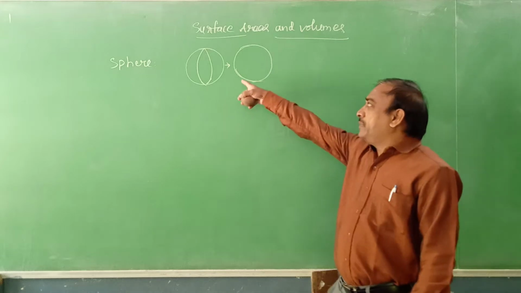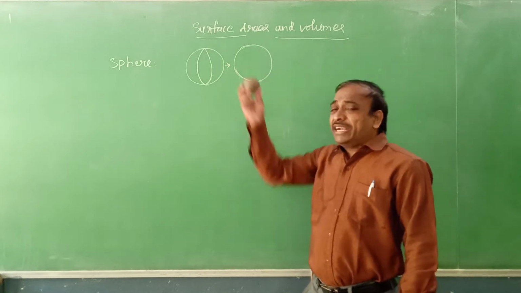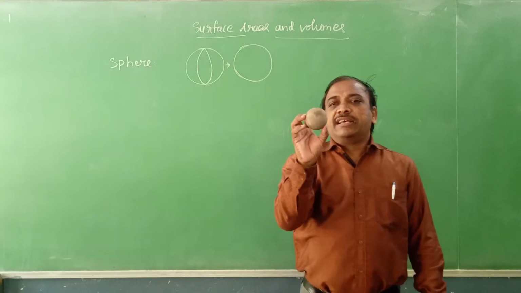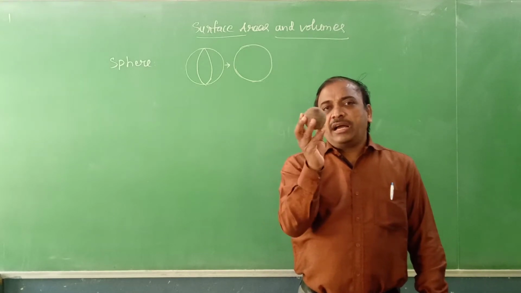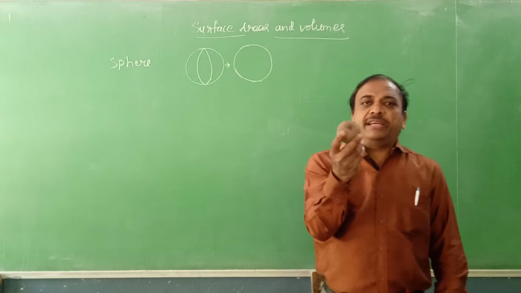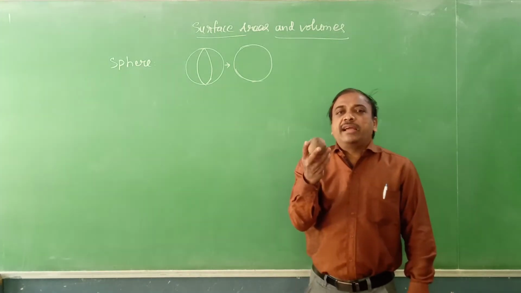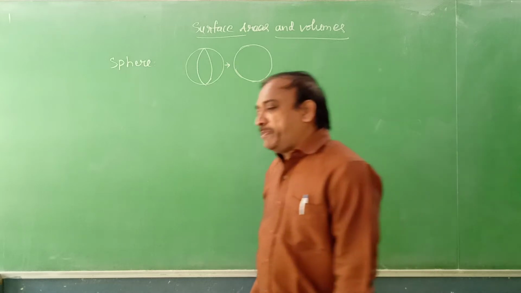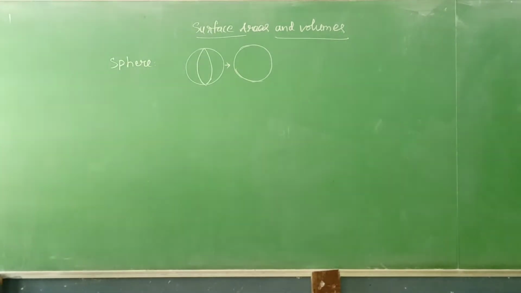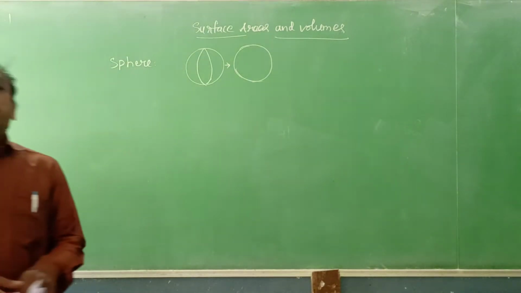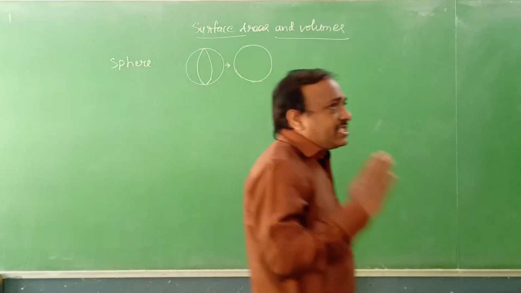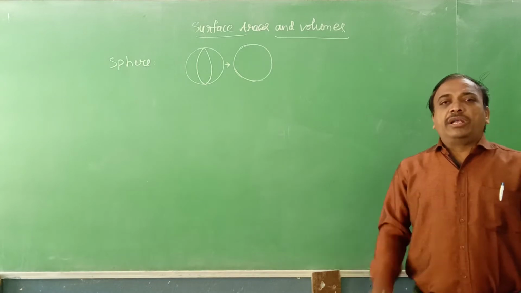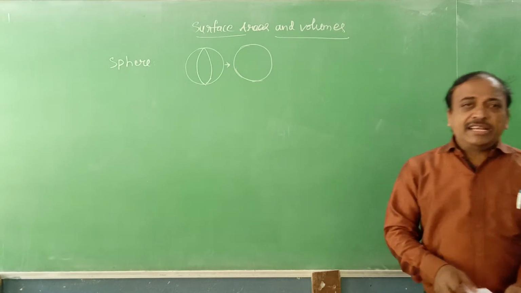So sphere, you see here, it appears as circular regions. However you rotate it, it appears as a circular region. So sphere is a solid shape which has a spherical surface, that is called a sphere.